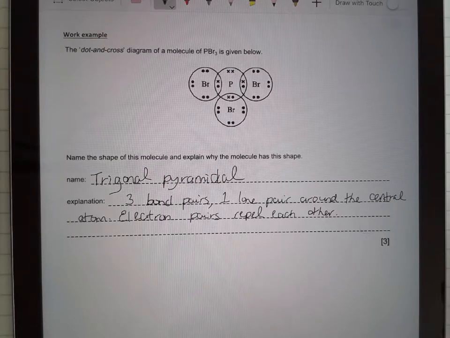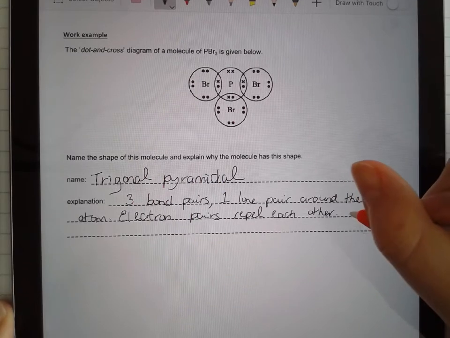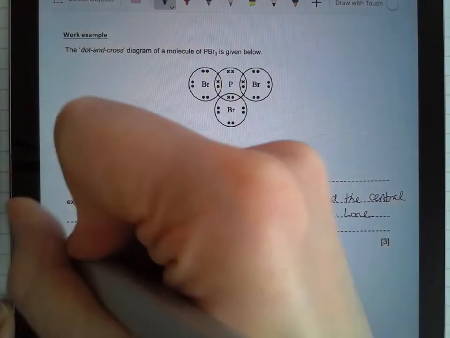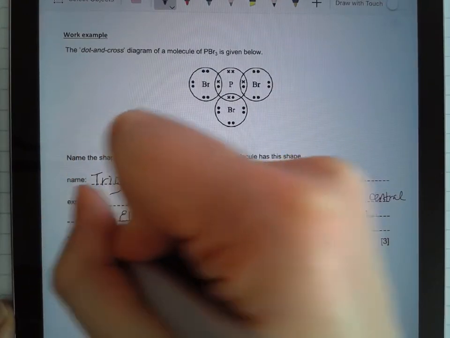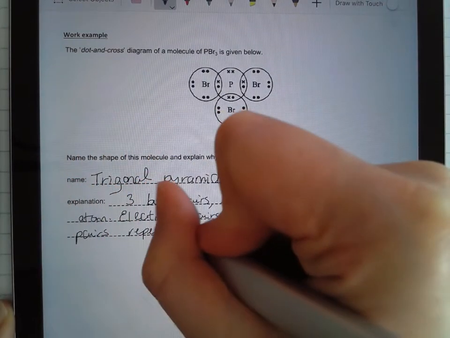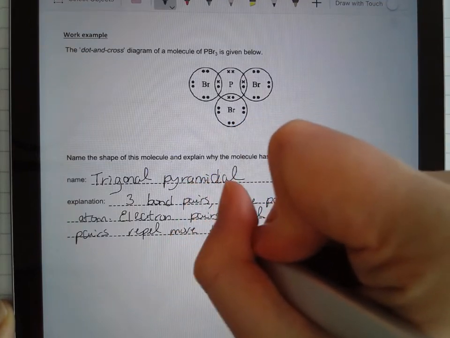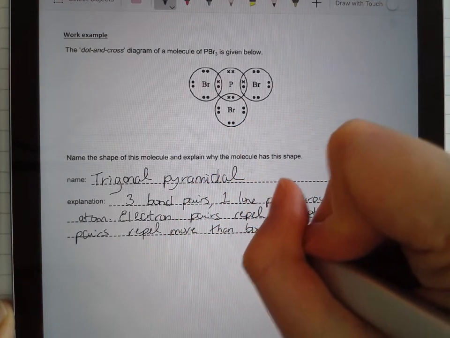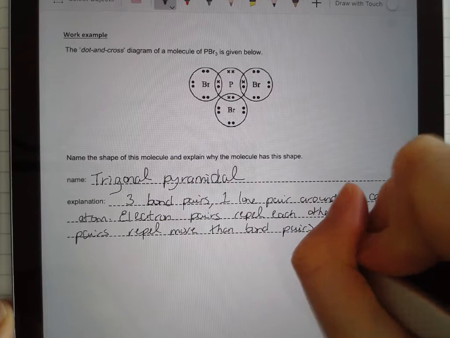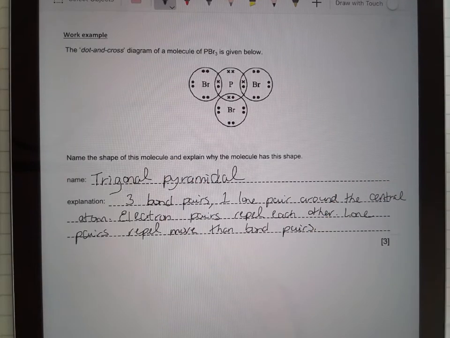If you say the atoms repel each other, you're not going to get the mark. You have to say electron pairs repel each other. And the final thing you can say is that lone pairs repel more than bond pairs. Okay, if you stick with that format, you'll always get full marks in these questions.